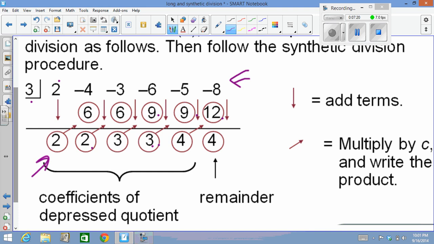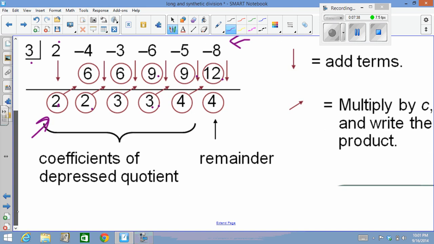So now that I have my coefficients for my depressed polynomial, this 2 that's right here is going to be my leading coefficient for my answer, which will be down 1 degree from where I was. So since it was an x to the 5th, now I'm going to take it down to an x to the 4th.